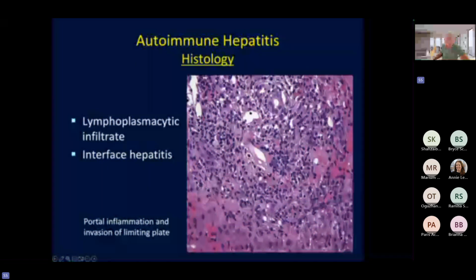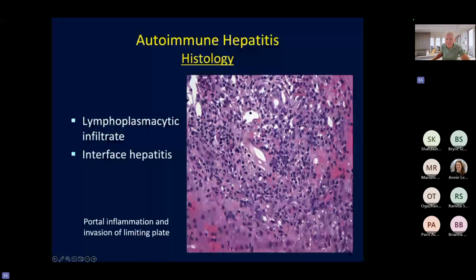But here you see no limiting plate. You just see inflammation that's carrying well into the parenchyma. This is called invasion of the limiting plate. You don't see that demarcation. This is very characteristic of autoimmune hepatitis.